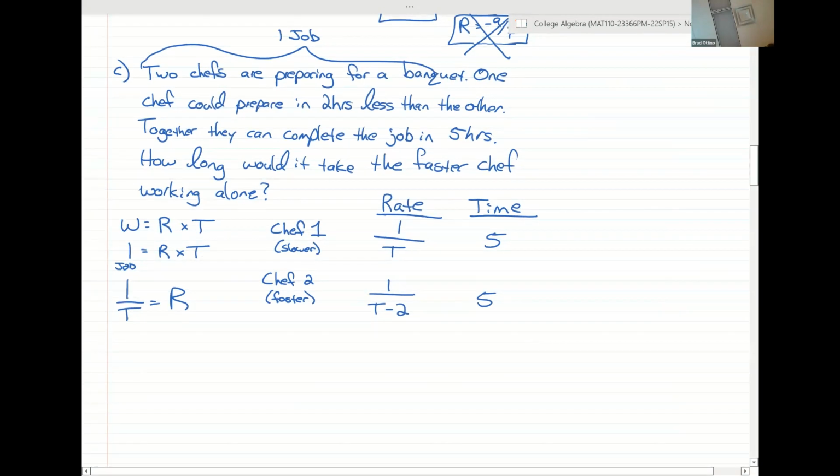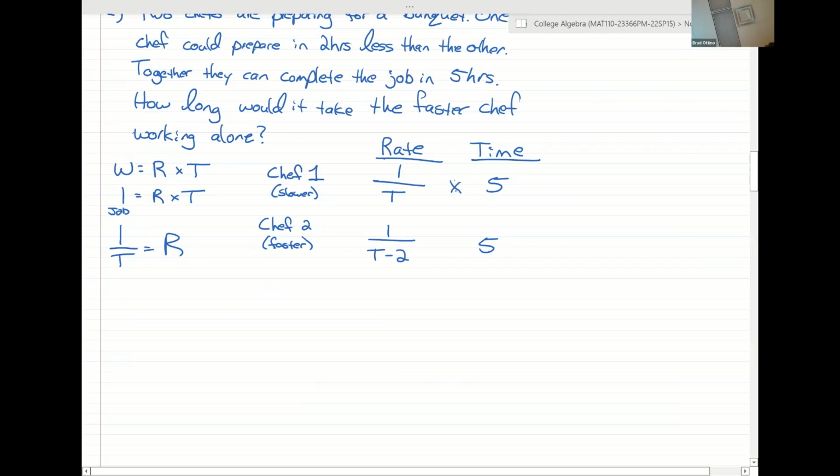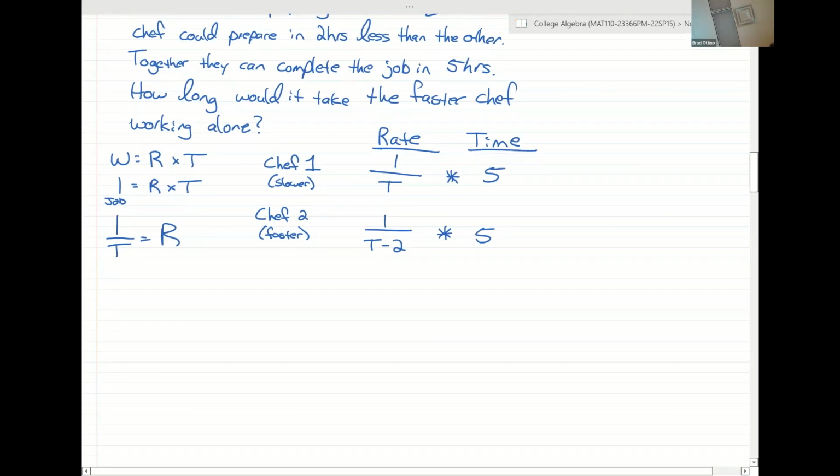So if they're working together, the work for the slow chef plus the work for the fast chef equals 1.